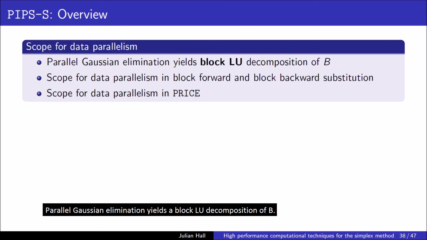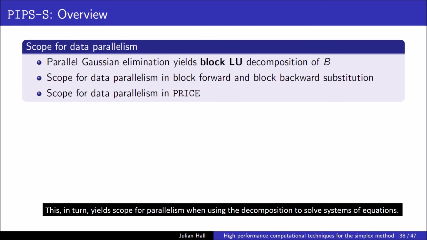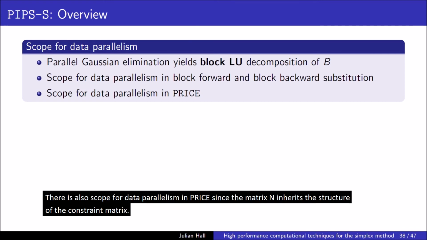Parallel Gaussian elimination yields a block LU decomposition of B. This, in turn, yields scope for parallelism when using the decomposition to solve systems of equations. There is also scope for data parallelism in price, since the matrix N inherits the structure of the constraint matrix.